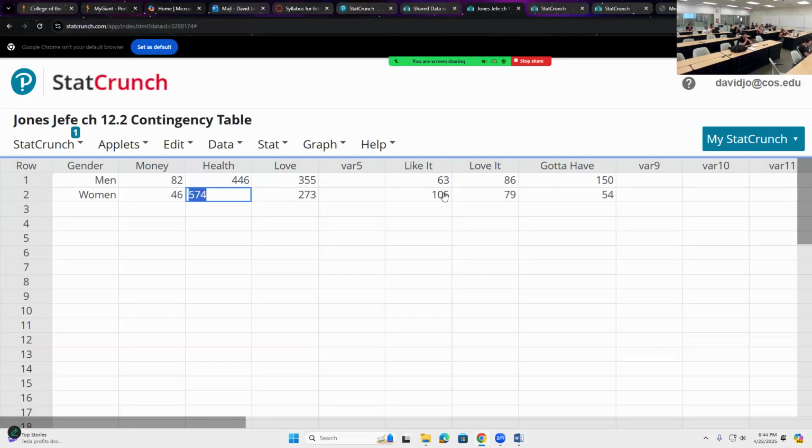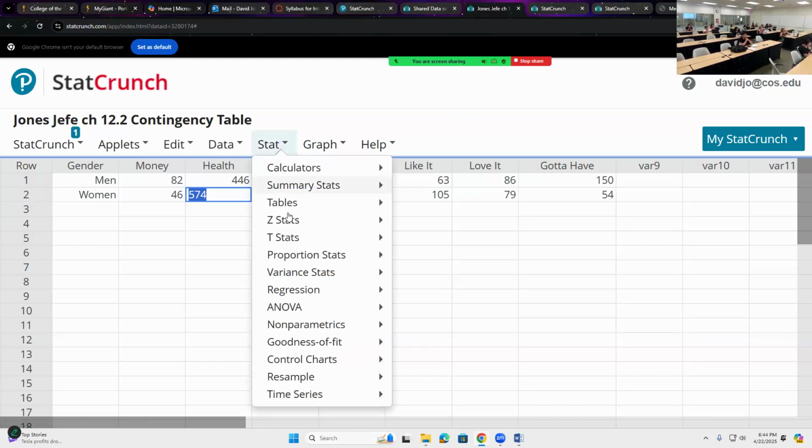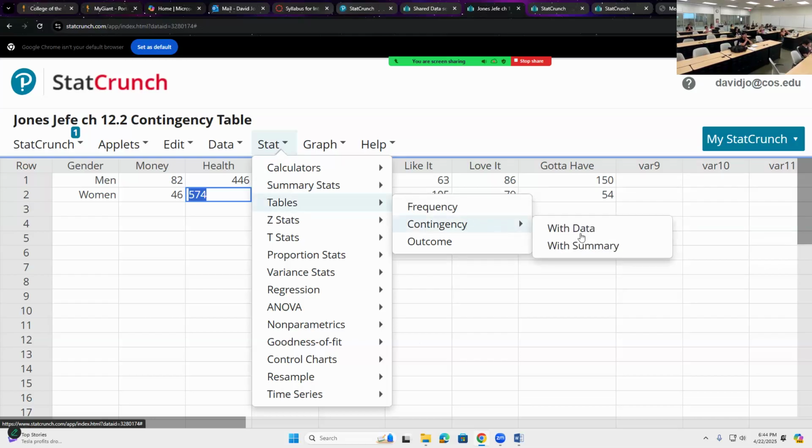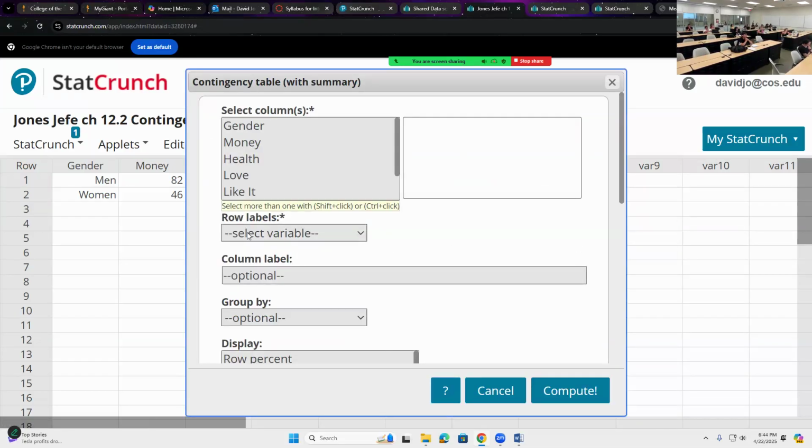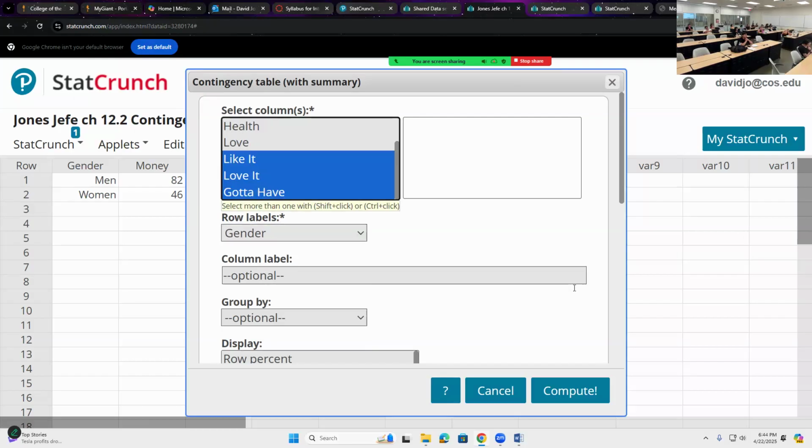Alright, we got the like it, love it, gotta have it here over on the table already, looks like we're done writing. We're gonna go Stat, Tables, Contingency, with summary. Row is still gender, and we're doing like it, love it, gotta have it.